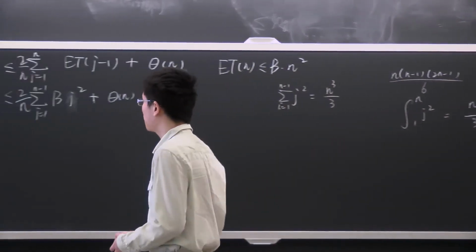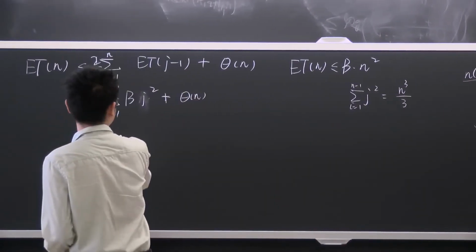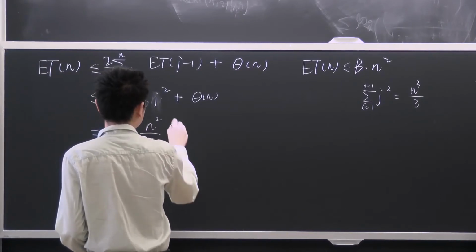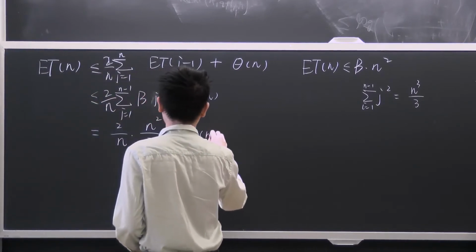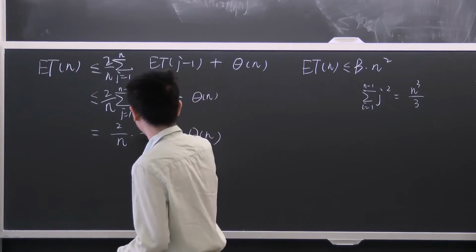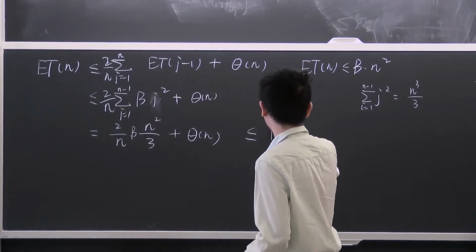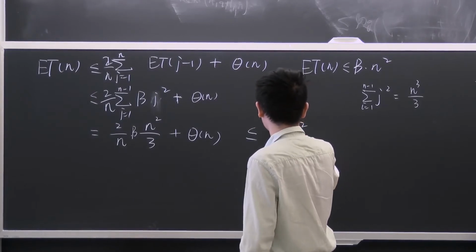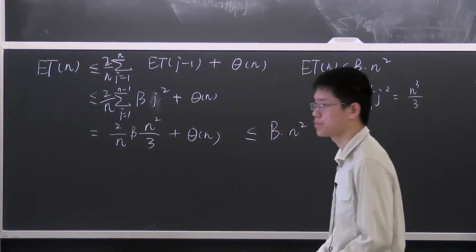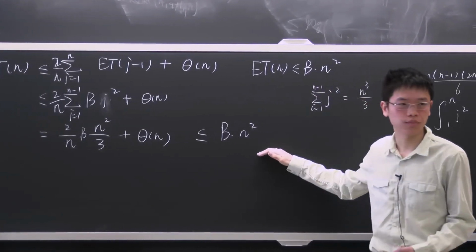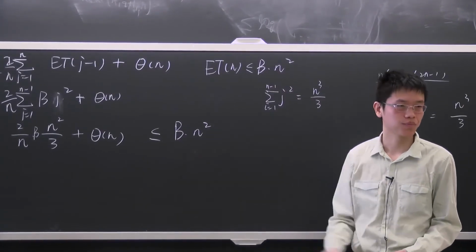Now, if we plug that in, what do we have? 2 over n, 3n cubed plus theta n. Oh, of course, there's a b here. And we want to show this is less than b times n squared. Does it hold? Is it true?